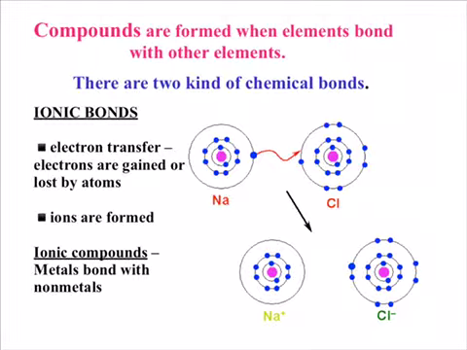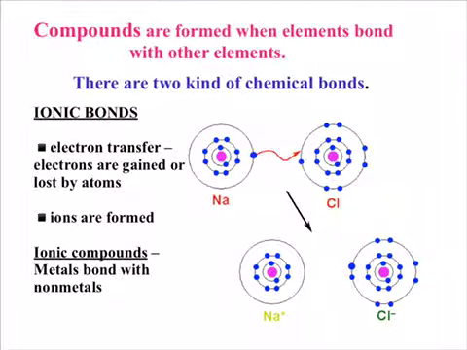One atom gives away one or more electrons, another atom gains those electrons, and so oppositely charged ions are formed. A positive and a negative are going to be attracted to each other, and then we have what's called an ionic bond, and therefore an ionic compound. So the name of the type of compound that is formed with ionic bonds is ionic compounds. That's easy to remember. Ionic, ionic.